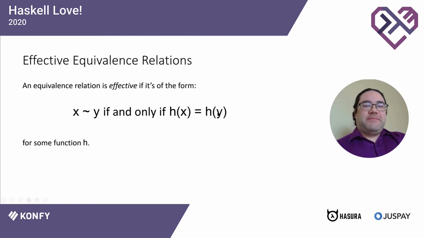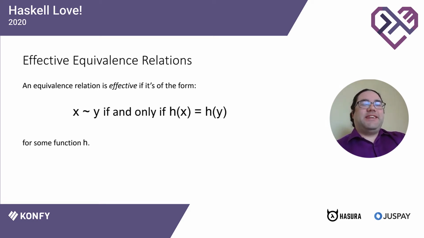So a special type of equivalence relation is called an effective equivalence relation. And they're ones where we say X is related to Y if and only if we have some function H that maps X to some value, maps Y to some value, and X and Y are related only when those values are the same.